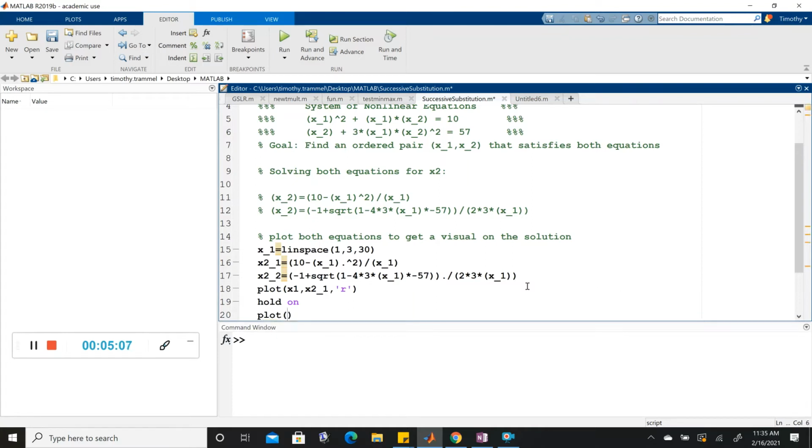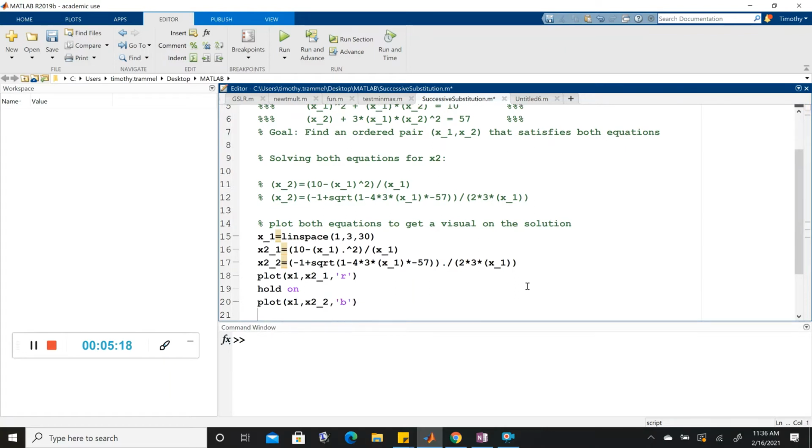How about for this one, we do x1 comma x2_2, and we'll make this one blue. And the only other thing I want to add is the labels. So xlabel is going to be x1, and our ylabel is going to be x2.